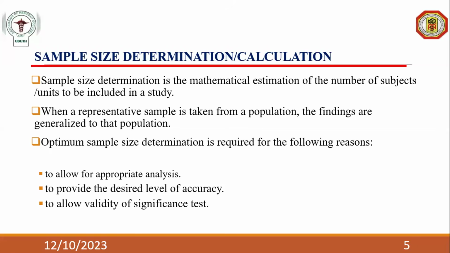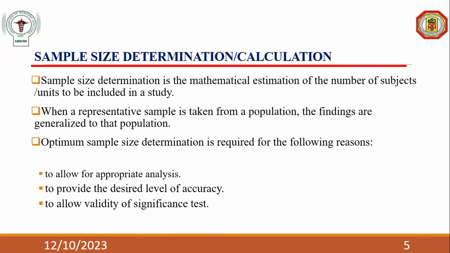But when you select your sample in your own way, without using a scientific method, without giving everybody in that population the chance of being selected, then you are not selecting a representative of that population. So the generalizability of that study is questioned, cannot be achieved.